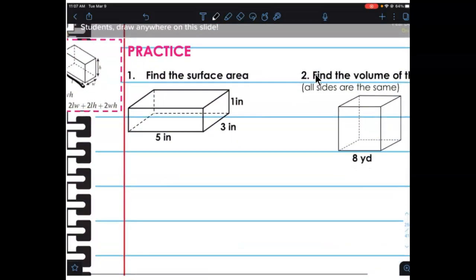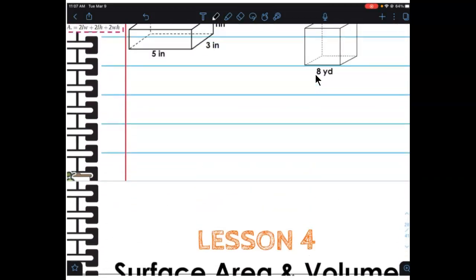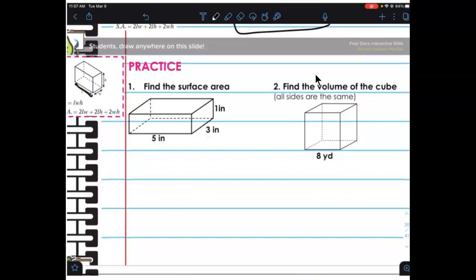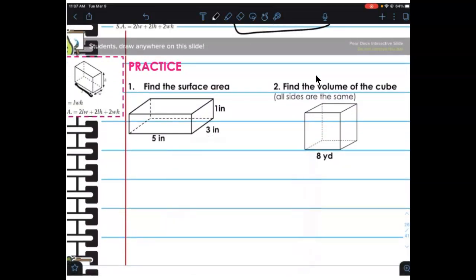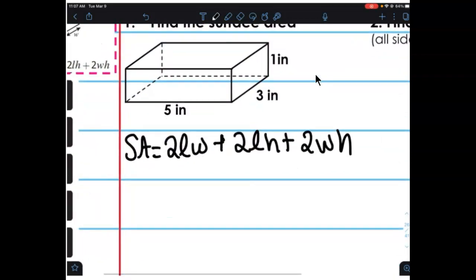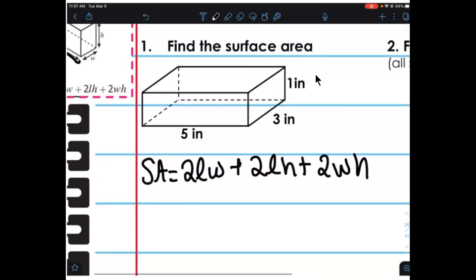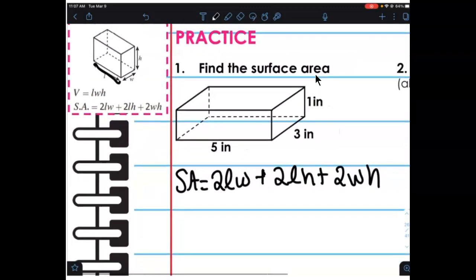Okay, so we'll do the practice together too. It says find the surface area. The formula is 2L plus 2W, and sometimes I'll say things like cover the shape. How much paper would you need? If you were going to paint the whole outside of this, how much would that cover?